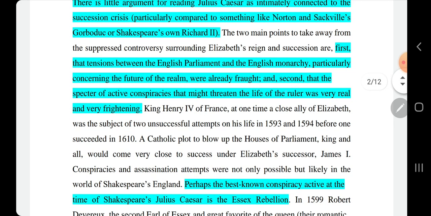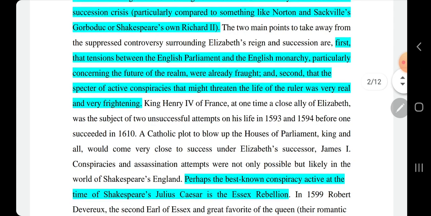And the second reason is that the specter of active conspiracies that might threaten the life of the ruler was very real and very frightening. During the Elizabethan time, there were a couple of conspiracies against leaders, such as Henry and other leaders at that time.